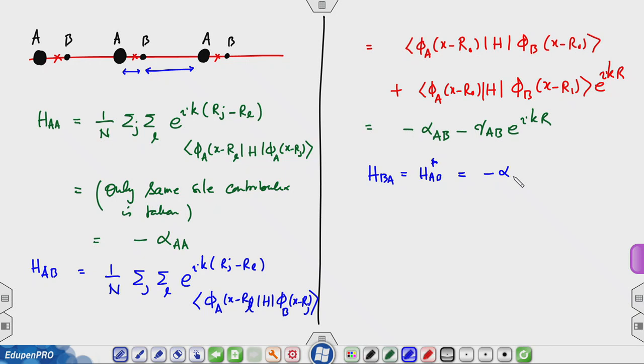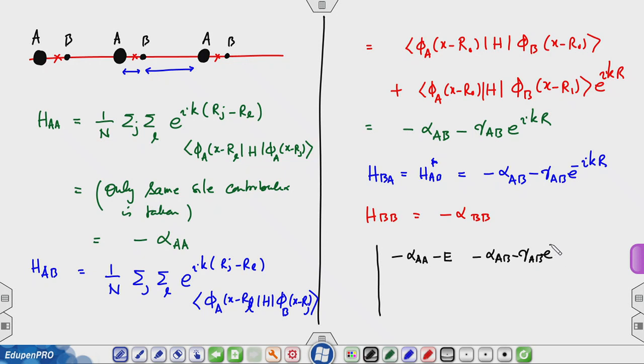You are going to get this to be minus alpha A B, because alpha and gamma are real, minus gamma A B e raised to minus i k R. And finally, you have H B B, which is minus alpha B B. So, the energy now you calculate is going to be given by the determinant: minus alpha A A minus E, minus alpha A B minus gamma A B e raised to i k R, minus alpha A B minus gamma A B e raised to minus i k R, minus alpha B B minus E, determinant is equal to 0.